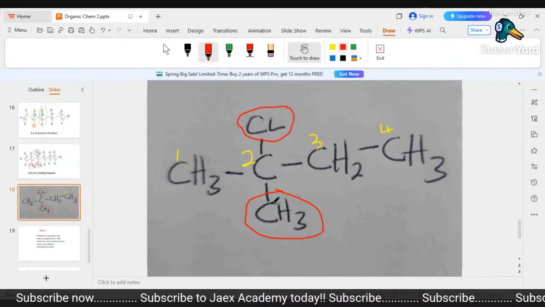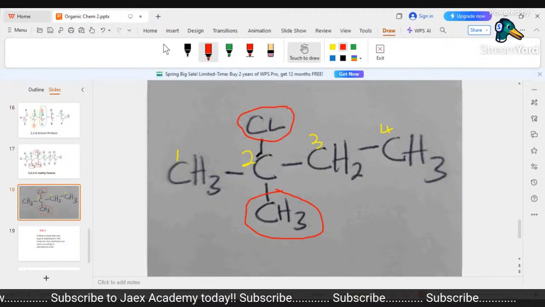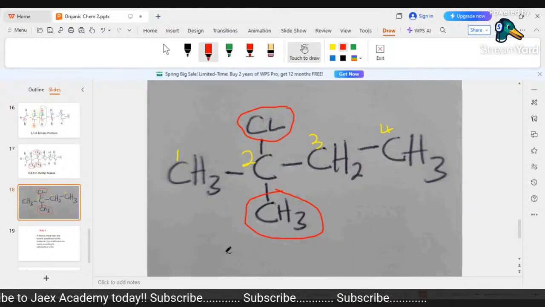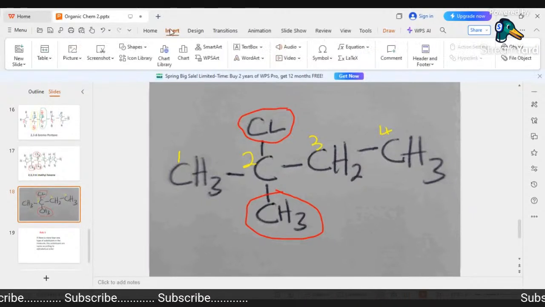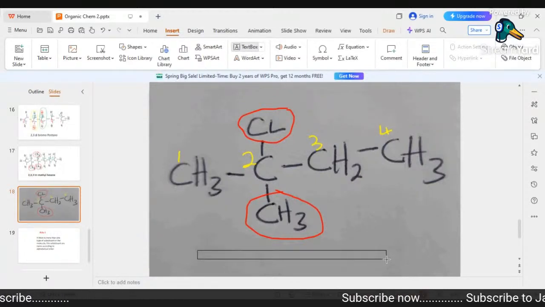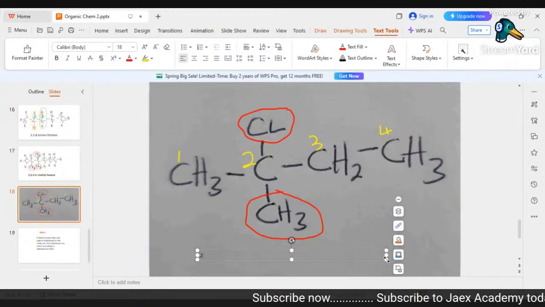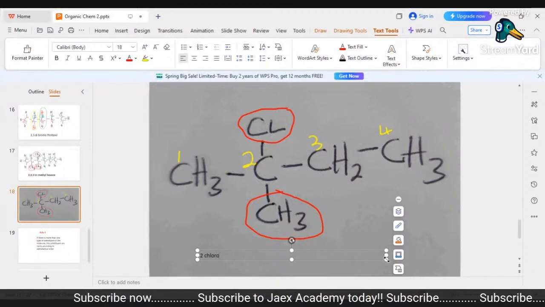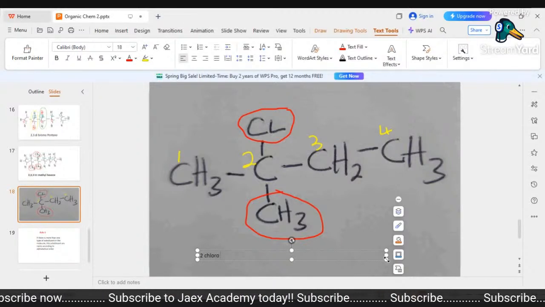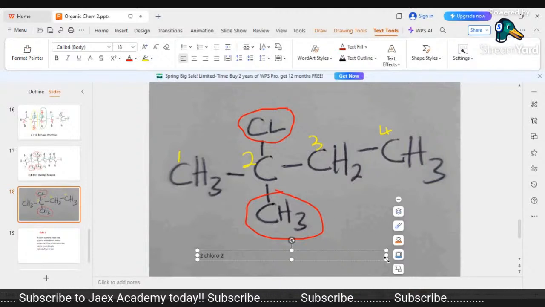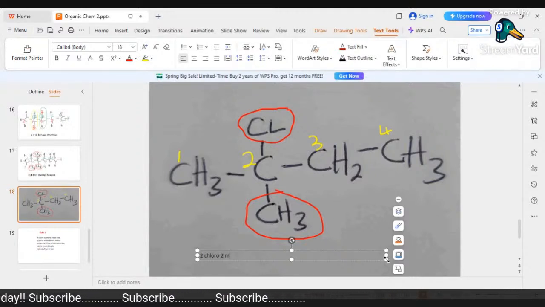So yeah, if I want to name this compound, it's going to be position 2. We have 2 chloro. Let's name it. So you have 2 chloro, 2 again, because at position 2 we have methyl, 2 methyl. What is the parent name?